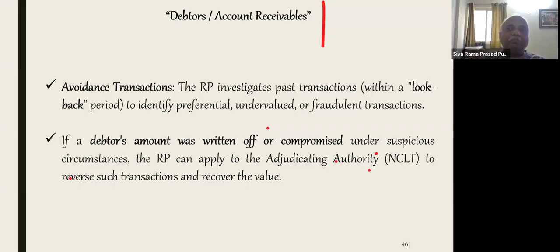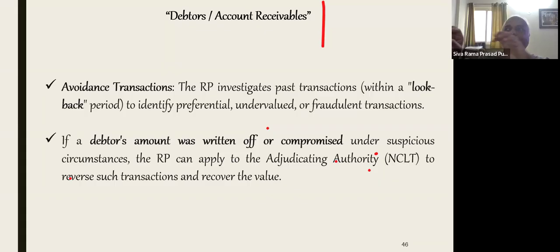In the meantime the board of directors decides, okay, write off these debtors. Write off means their relatives and related parties who were supplied the stocks, and to remove them from the debtors, they write it off and close it.